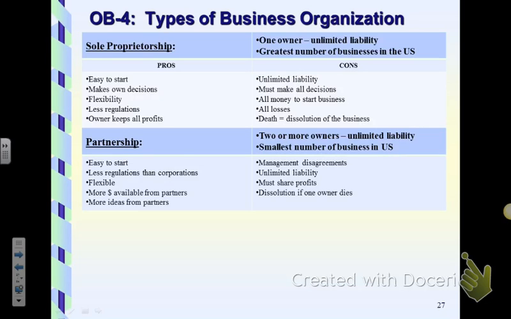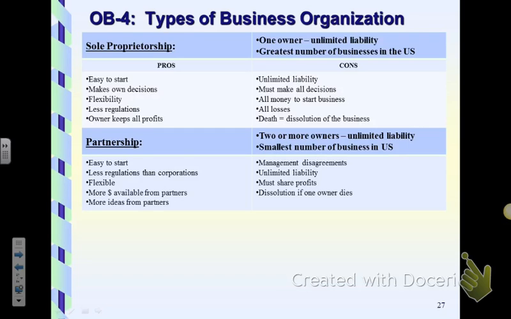Okay, partnerships. Partnerships are 2 or more owners. And if we're talking about just a pure partnership, not any of the newer organizational structures that are derivatives of partnerships and corporations, there are more complex organizational structures than these 3 basic structures that I'm talking about now.